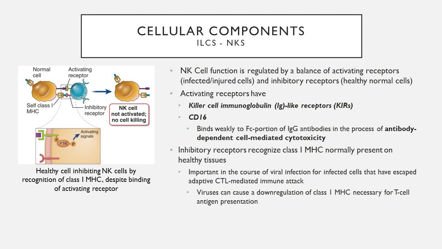MHCs, again, are the ways cells present antigens to the killer T cells, okay, the CD8 plus cells. So some viruses have found ways to instruct cells to down-regulate their expression of MHCs, thus avoiding cytotoxic T lymphocyte elimination, yet this makes them susceptible to natural killer cell elimination. So it's a nice balance between the natural killer cell of the innate immune system and the cytotoxic T killer cells of the adaptive immune system.